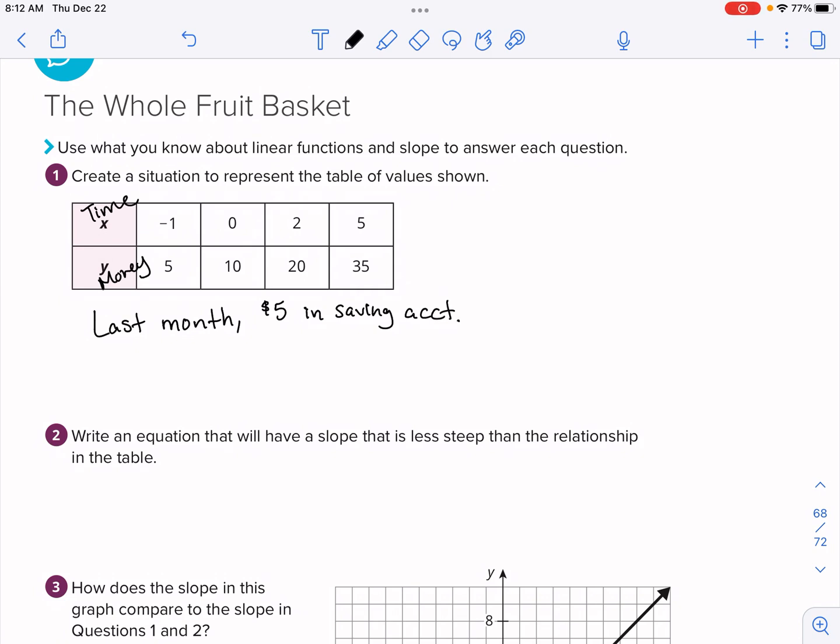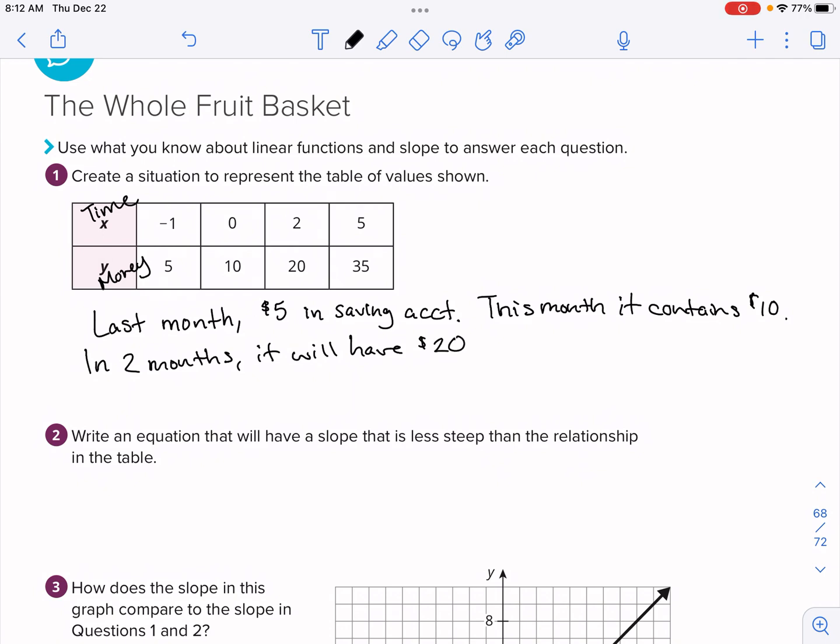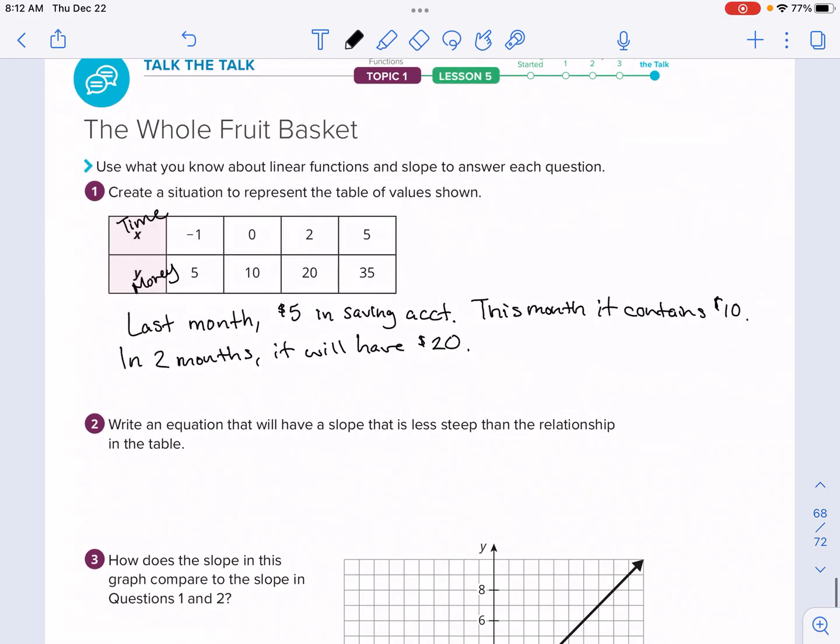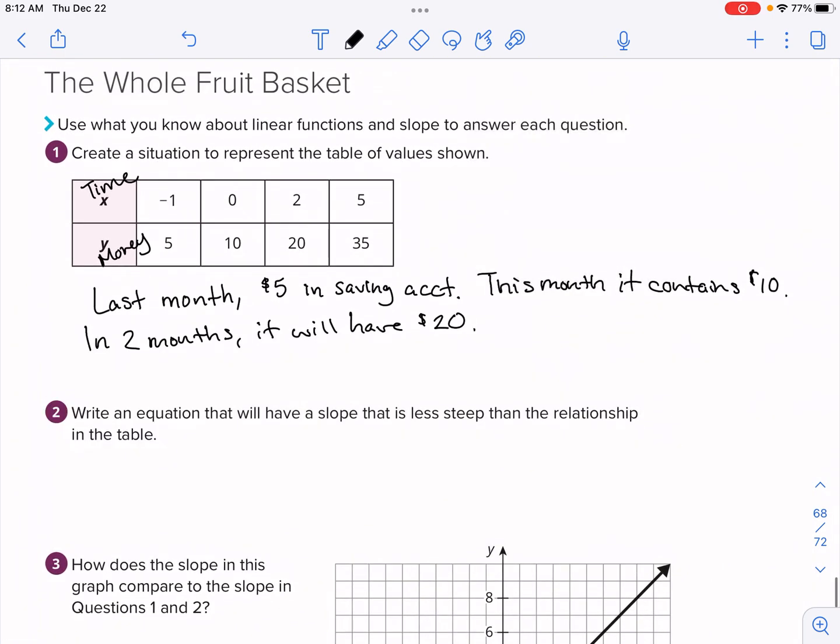Since 0 means now, this month it contains $10. And for 2, in 2 months, it will have $20. And we keep going: in 5 months, we will have $35. So that's the situation there. Typically, many times we like to use time for x, so time in months or time in days.